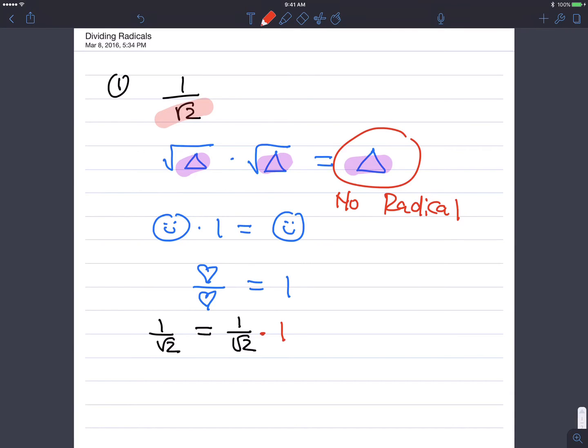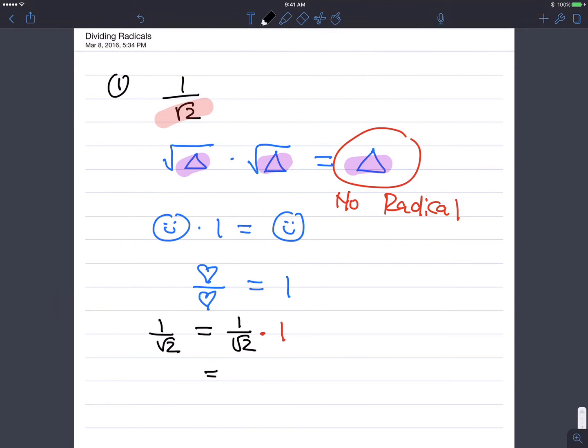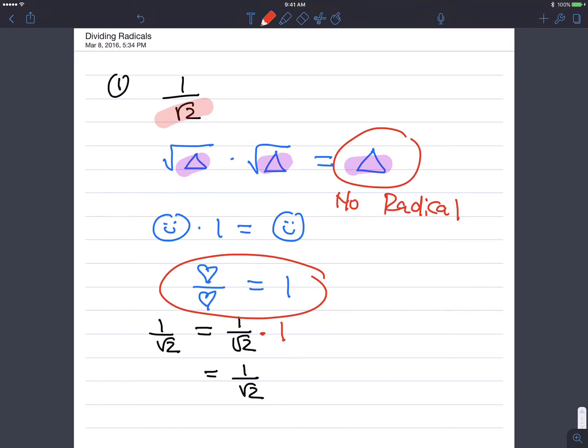Now what I'm going to do here is the following. I'm going to say, okay, 1 over the square root of 2. I'm now going to use this idea right here. I'm going to multiply both the top and the bottom by the square root of 2.